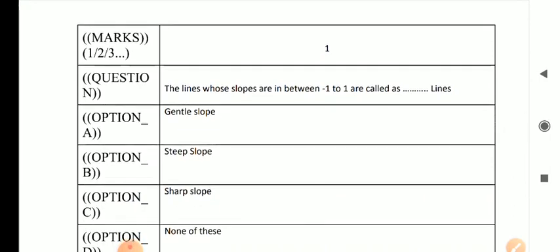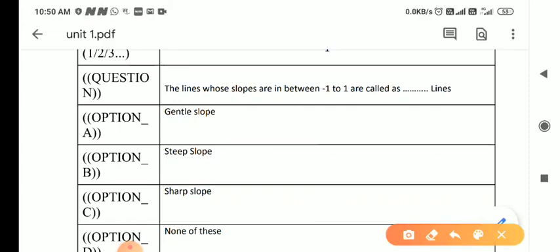The lines whose slopes are in between -1 to 1 are called as dash lines. So we should know what is called gentle slope and what is called steep slope.